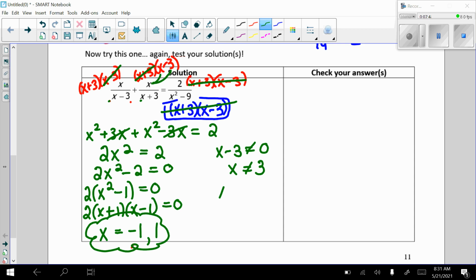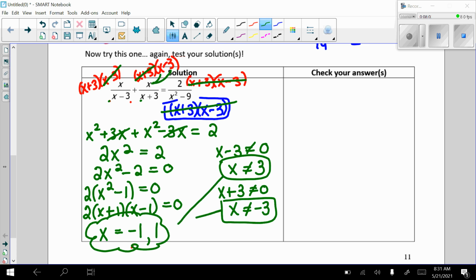And then, of course, we take our other one, which is x plus 3, cannot equal 0. And so x cannot equal negative 3. So that's really important because if either of these answers had come up to be 3 or negative 3, they would be extraneous. We would just have to get rid of them. And then you check your answer.